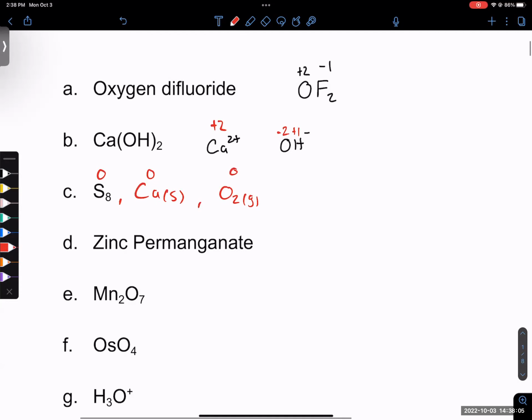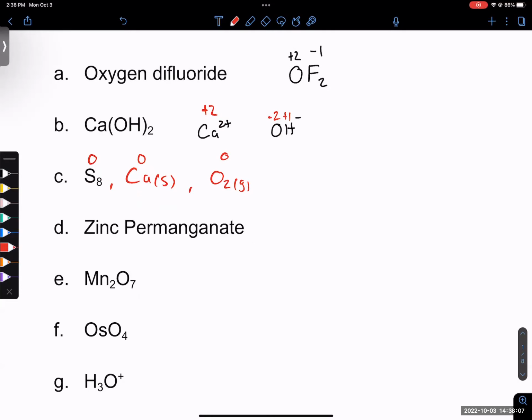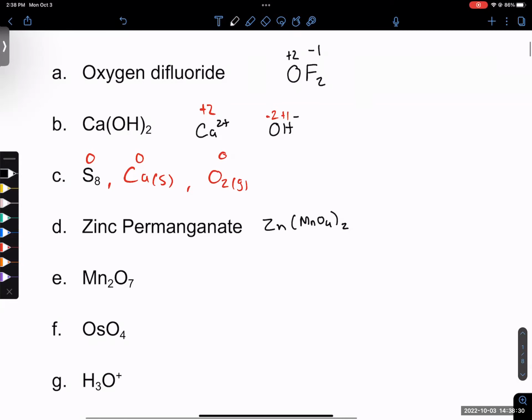Zinc permanganate. So what is zinc permanganate? We already know how to write the formula, right? So it's Zn(MnO4)2. We know how to do that from everything else we've learned. But what's easier when you're assigning oxidation numbers for ionic compounds is to split it up into the cation and anion.